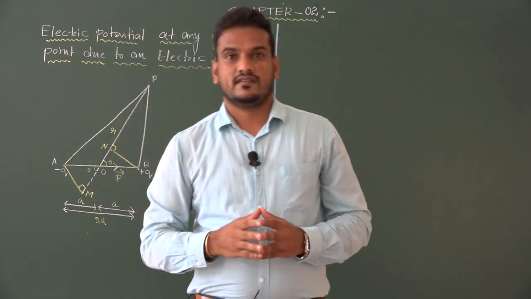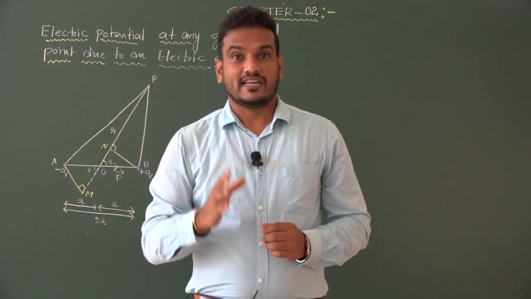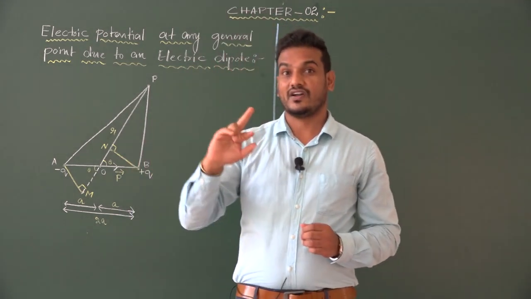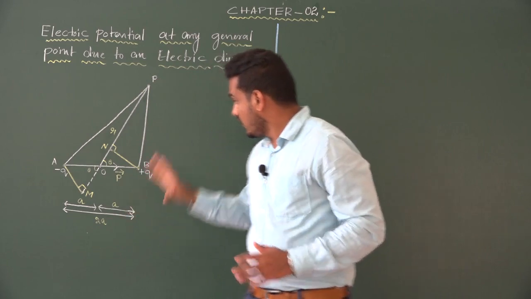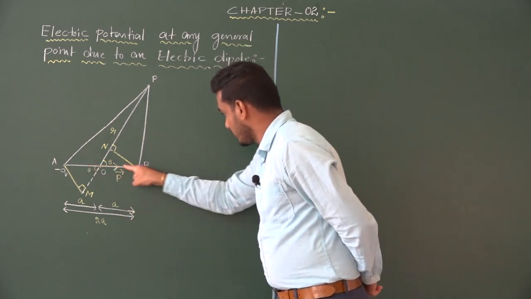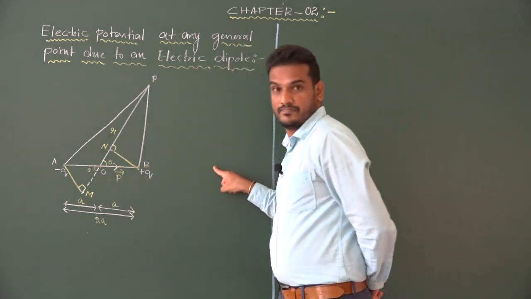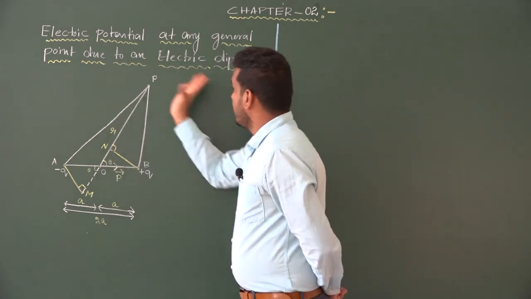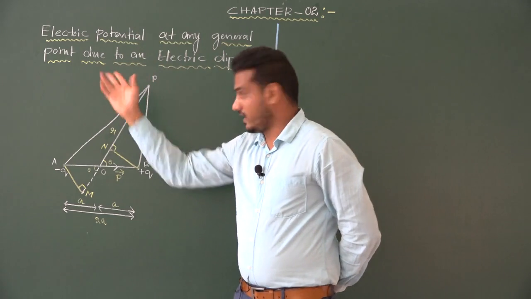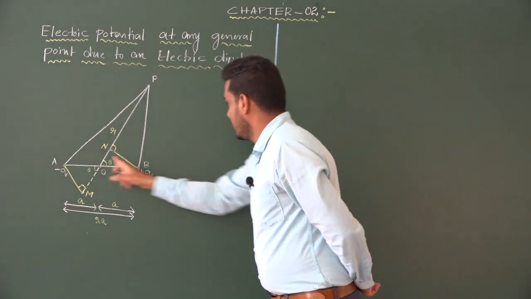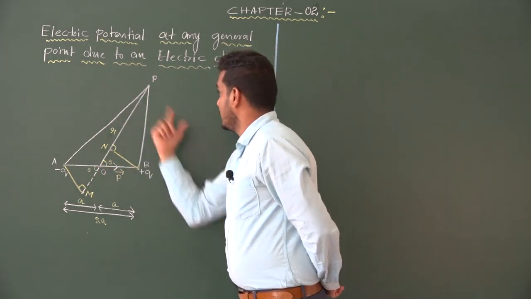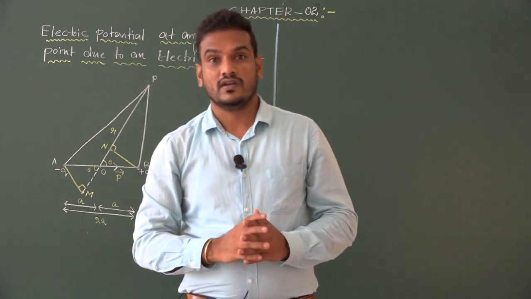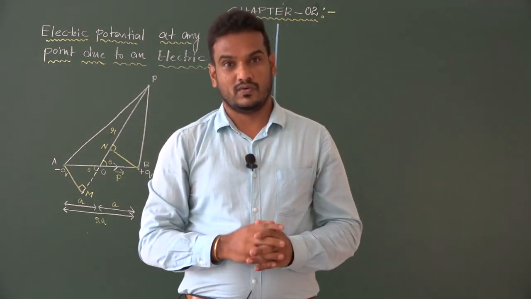It means we are finding electric potential neither on the axial line nor on the equatorial line, but somewhere in between, at any general point due to an electric dipole.